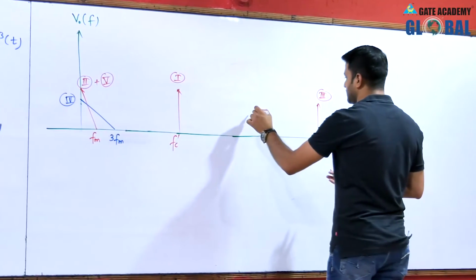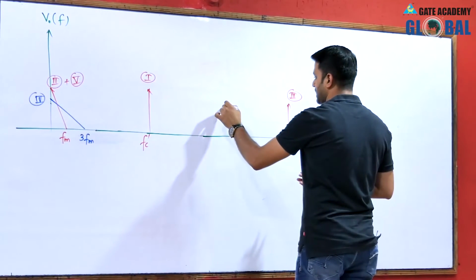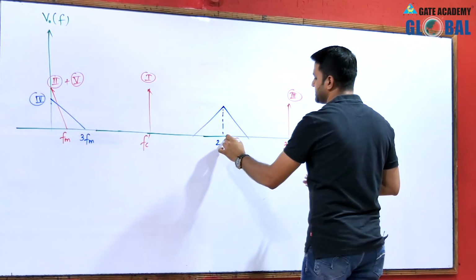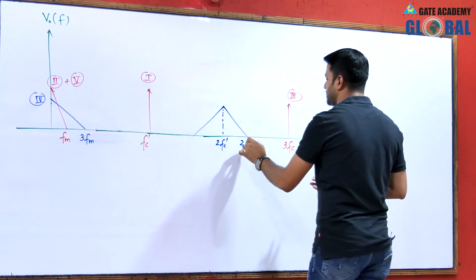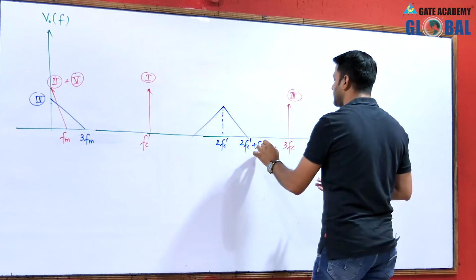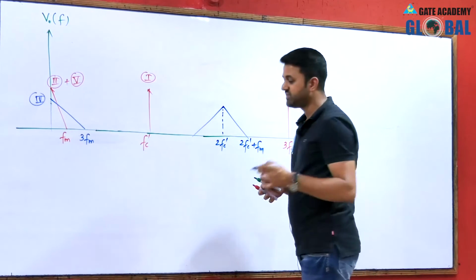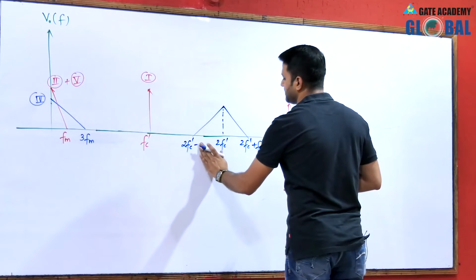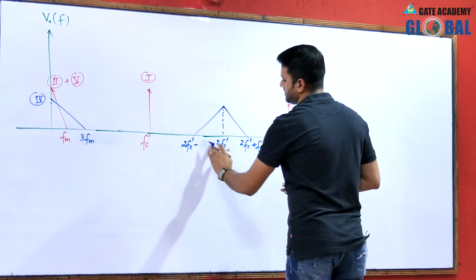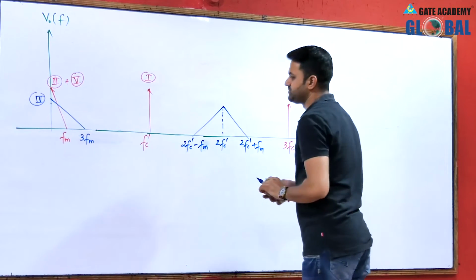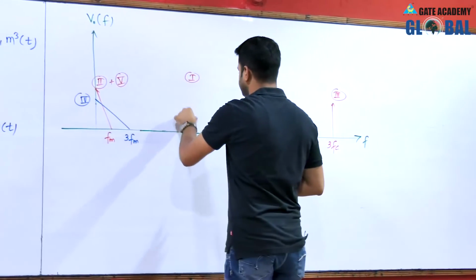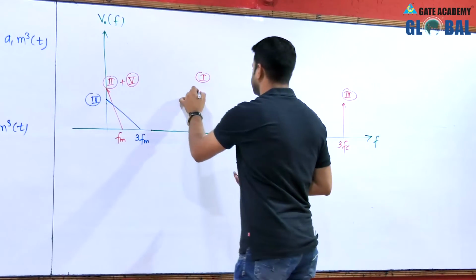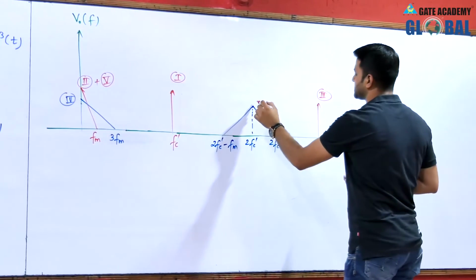So it will shift to 2fc dash here, and this will be 2fc dash plus fm, because the message signal frequency is fm, and this is 2fc dash minus fm. This is your sixth term.